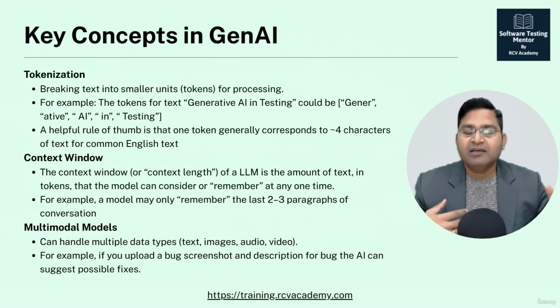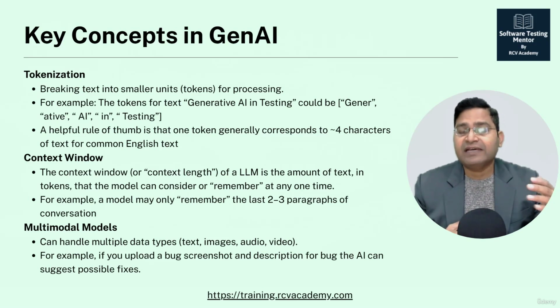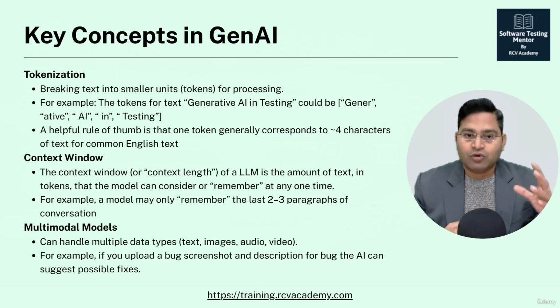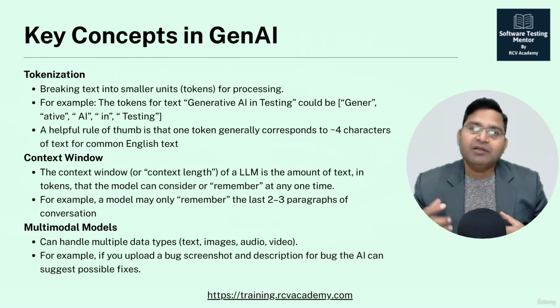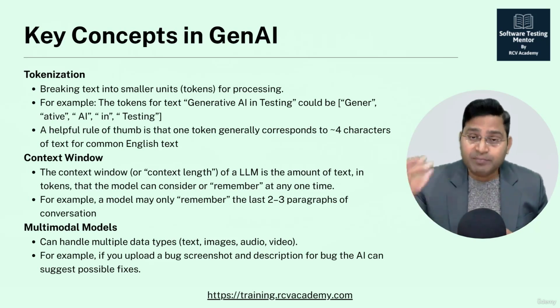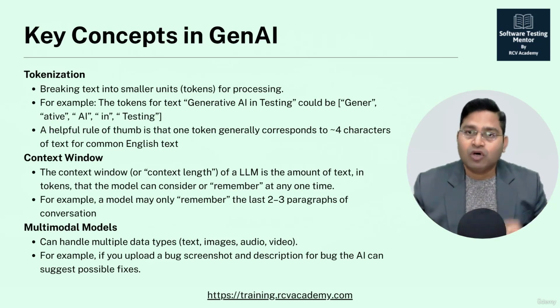I have been asking hundreds of questions, so will it remember all 100? Only if the LLM's context window is large enough to handle that many tokens. So will it remember 2-3 paragraphs, or 20-30 previous paragraphs that I have asked in the conversation? That's what the context window is.